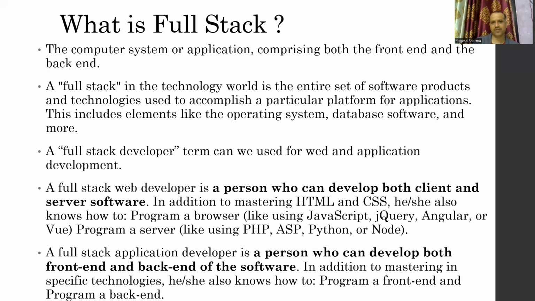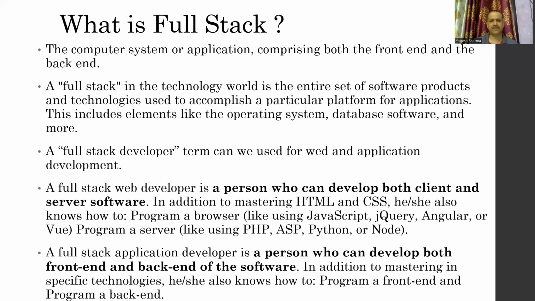also has some knowledge about programming languages for handling or processing the user request, like JavaScript, jQuery, Angular, and the other server programming languages like PHP, .NET, Java and Node.js. So these are the things that you should know.